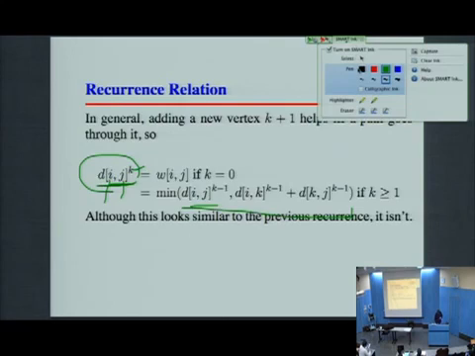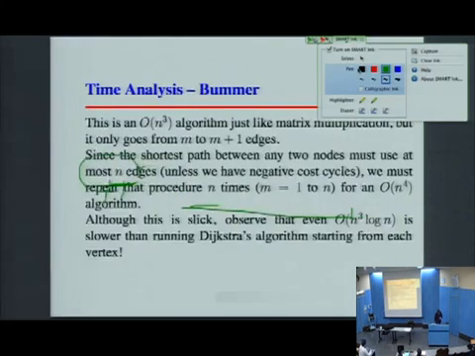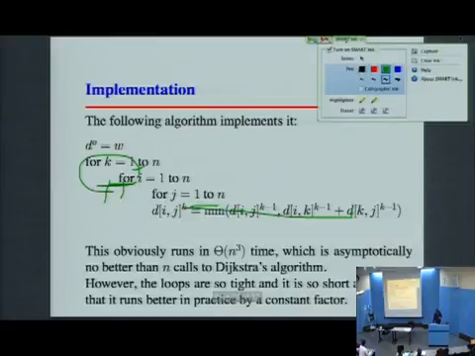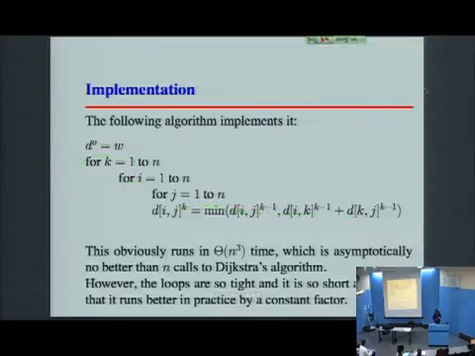Let's go back. What was my code? Here is my code. Again, my outer loop is going to be k, the intermediate vertices. For all pairs of vertices, I'm going to want to compute the shortest path from i to j using 1 through k as intermediates, using this formula.